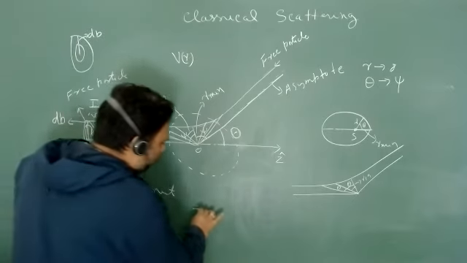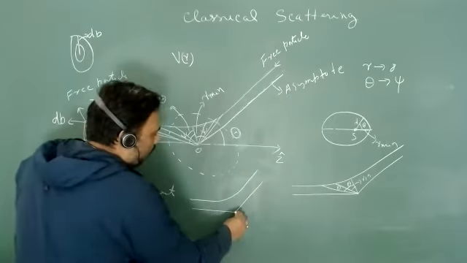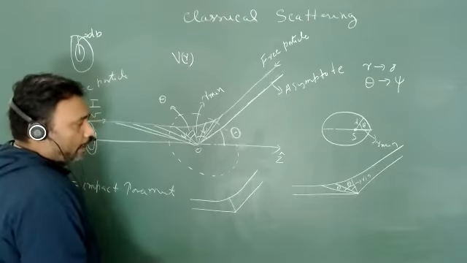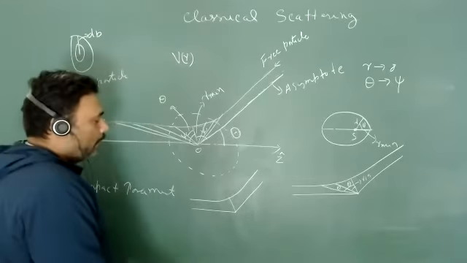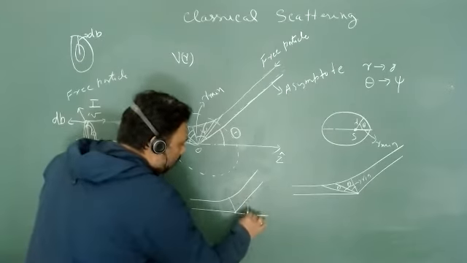Now you can have something like this, and we can divide it into two parts because it is symmetric about R minimum. Only one R minimum is possible, and this angle is my scattering angle.